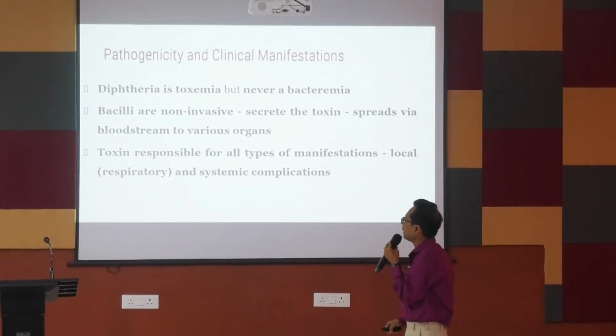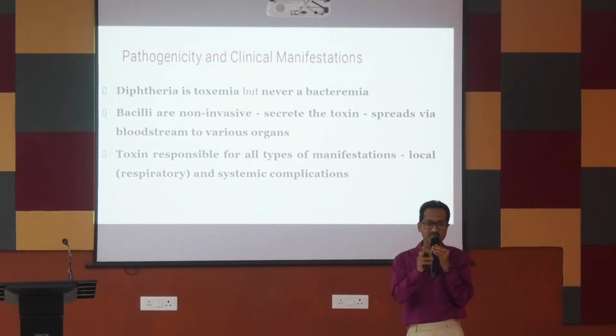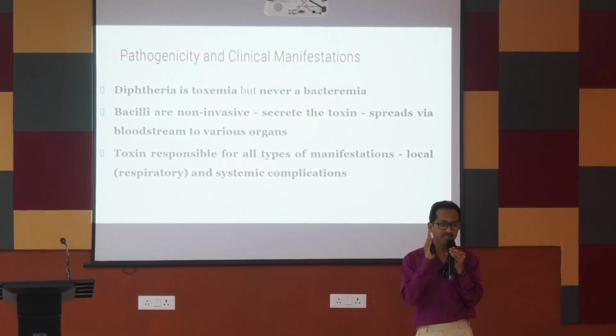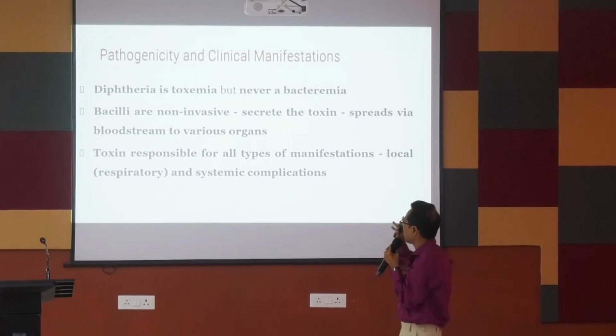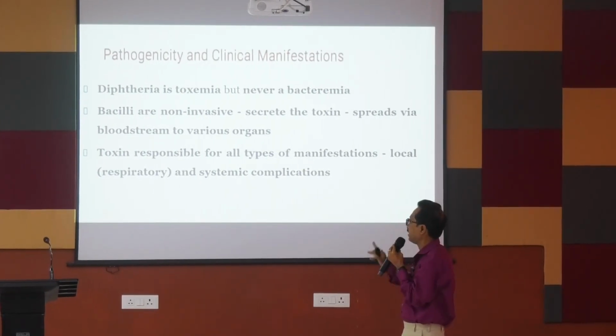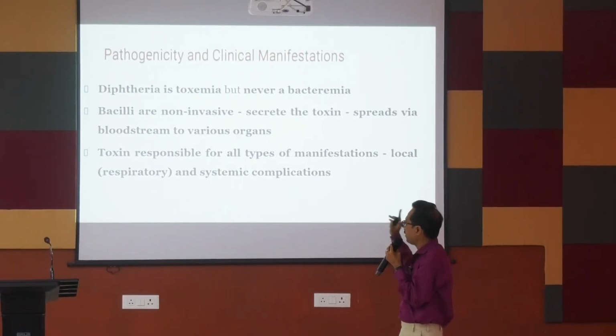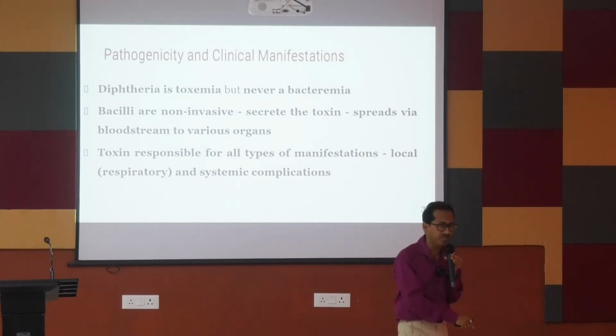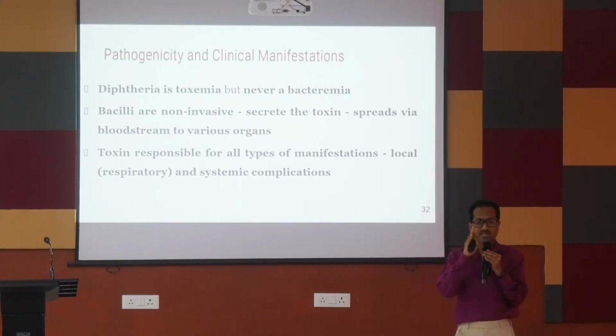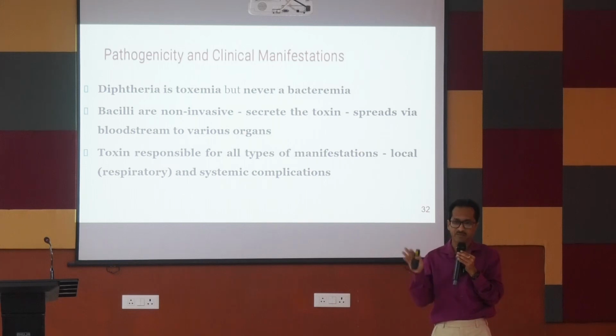Now pathogenicity. What I told initially, again: diphtheria, or respiratory diphtheria, is due to toxemia only, but never a bacteremia. So the bacilli are non-invasive; they secrete the toxin, which spreads via the bloodstream to various organs. The toxin is responsible for all types of manifestations, local and systemic. So this is the main point of pathogenesis: it is mainly due to toxemia, not bacteremia.